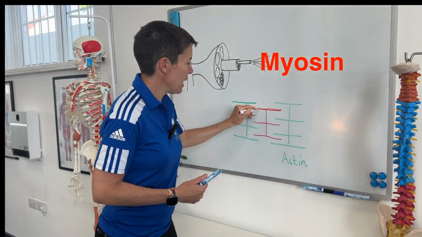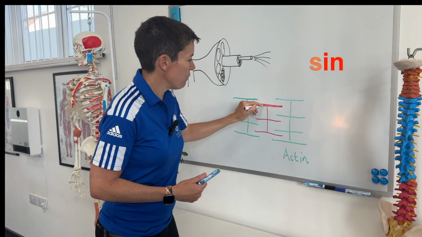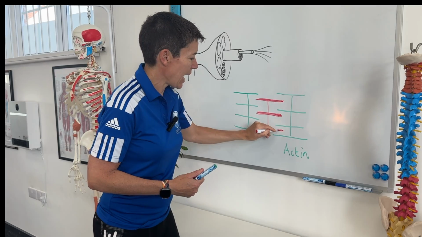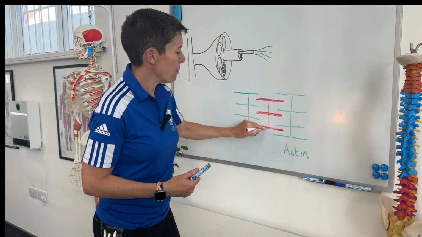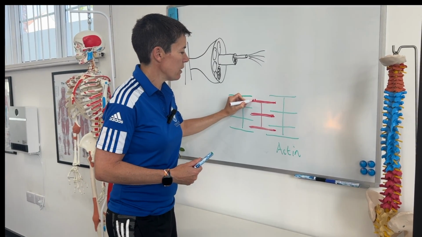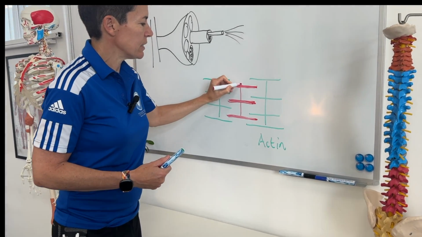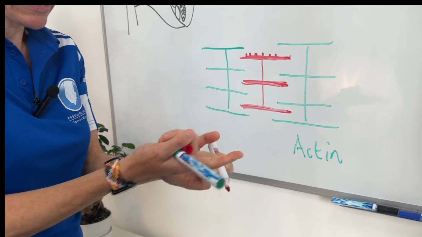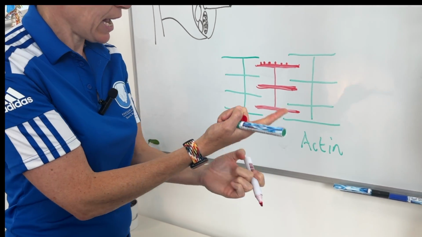Okay, and the red myosin are thicker filaments. So think myosin is thicker, actin is thin, and the myosin are very special because they have these little circles on it. They are the myosin heads. Okay, so they're everywhere, and basically they're like little fingers, like so, that will pull the actin.